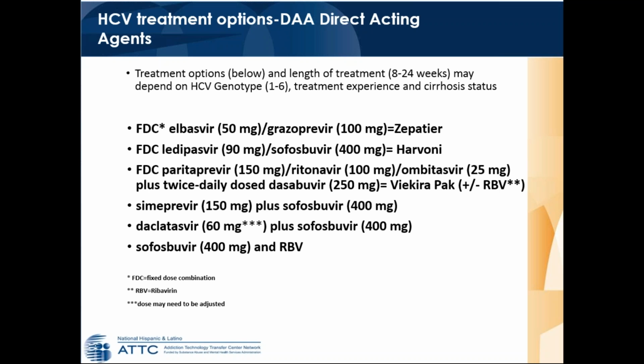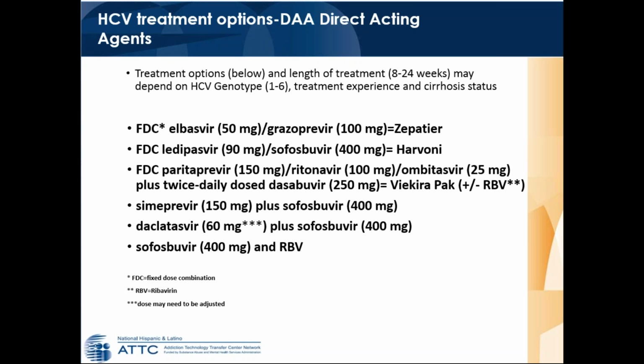In terms of treatment, like I mentioned earlier, the treatment options and the length of treatment will depend on the genotype, whether the person has been treated before, and whether the person has evidence of cirrhosis. So the treatment is 8 to 24 weeks, and these are the treatment options.